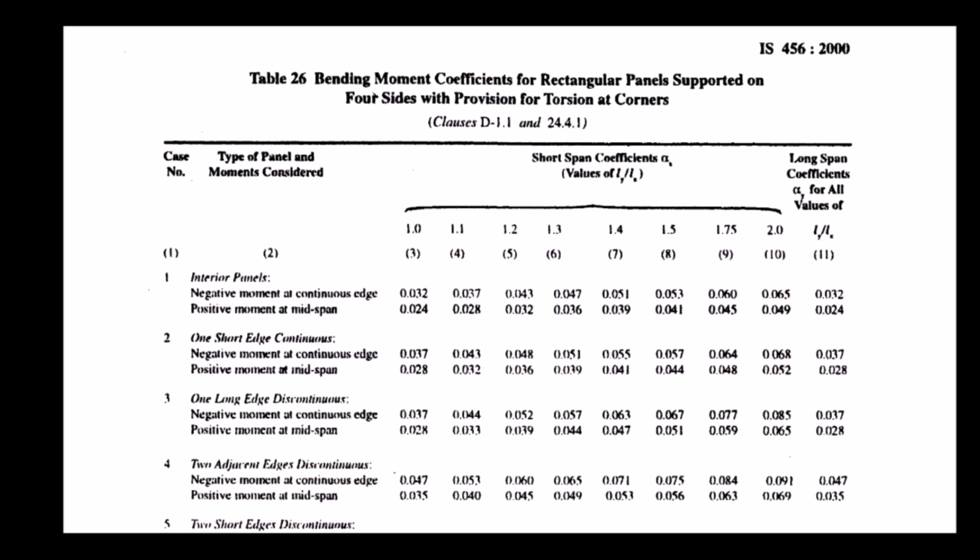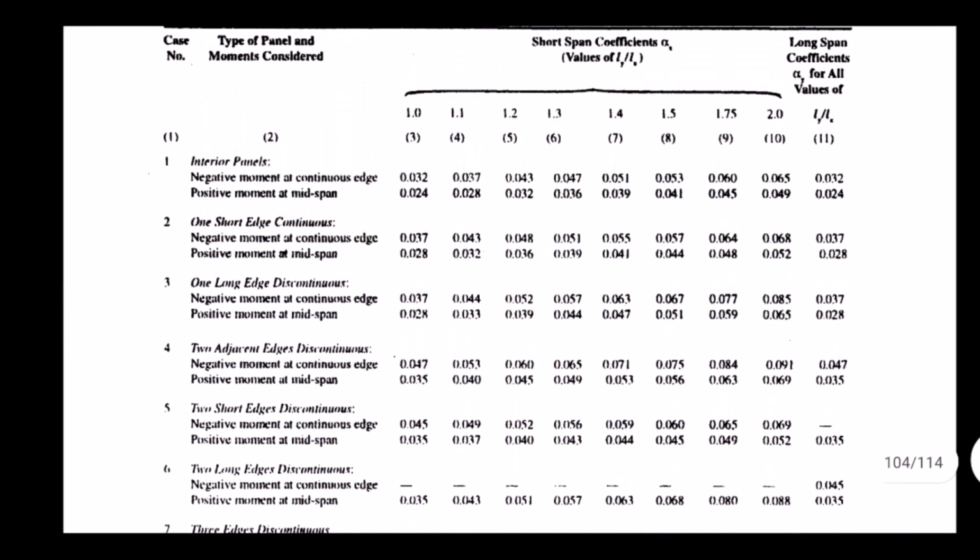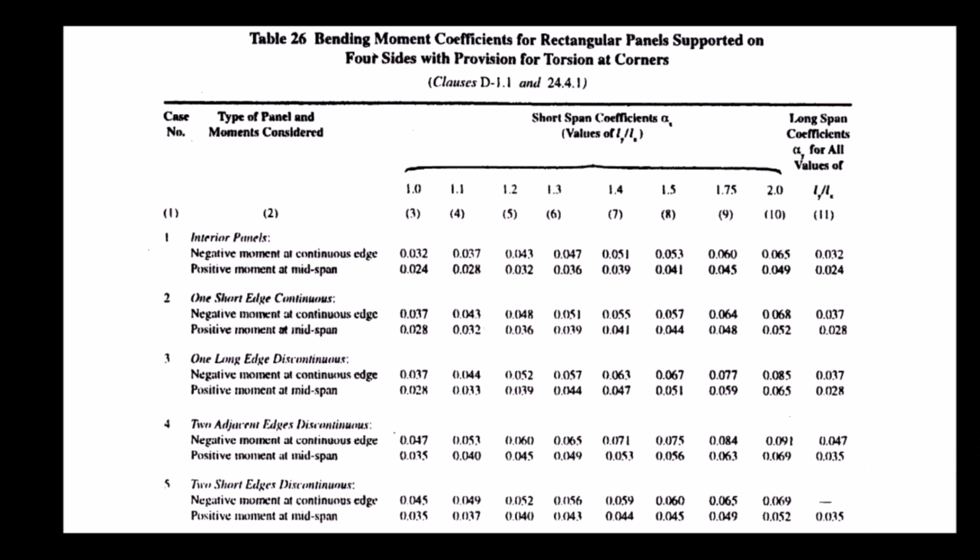So in this column the support conditions are given. As per support condition, the coefficient of moment will change. There are a total of 9 types of support system.